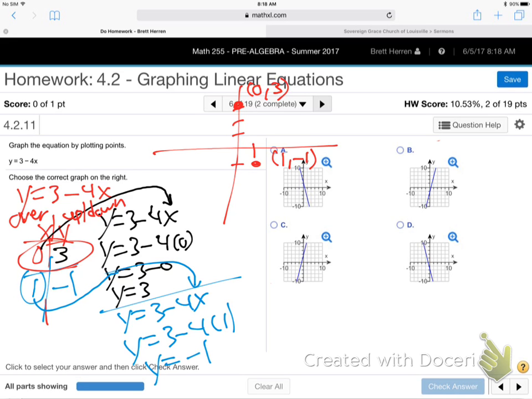Am I going too fast? Does that make sense? So the first dot is over 0, up 3. The second is over 1, down 1. Those are my 4 numbers, but 2 dots. And now, play connect the dots. So there it is, huh? There's our line.